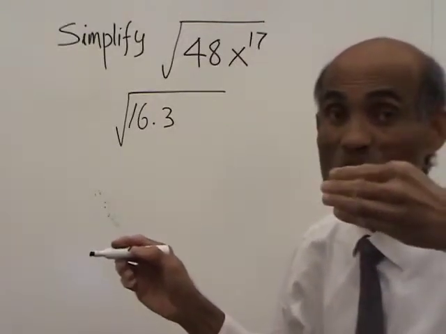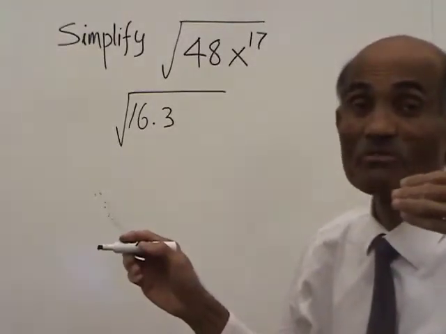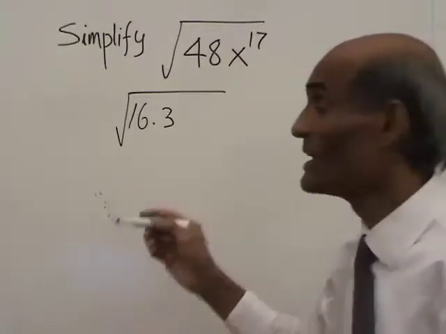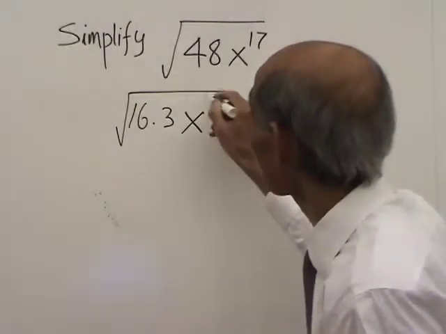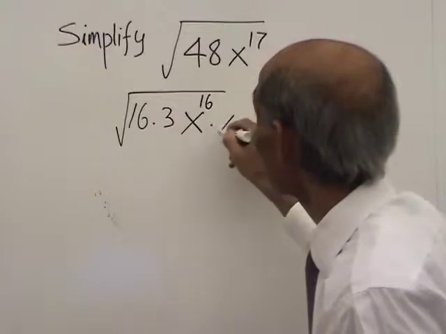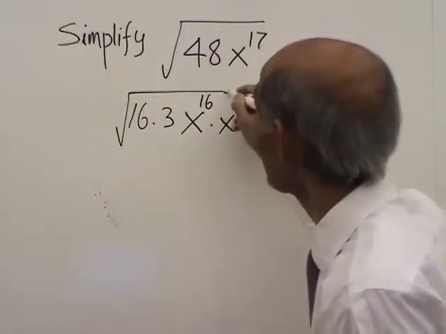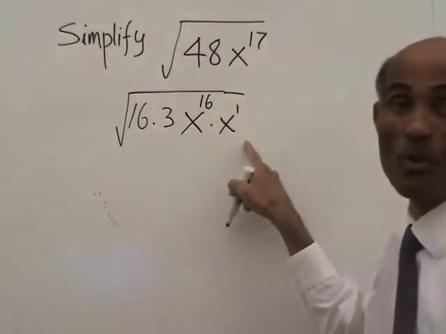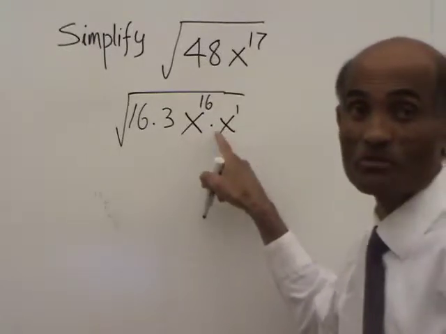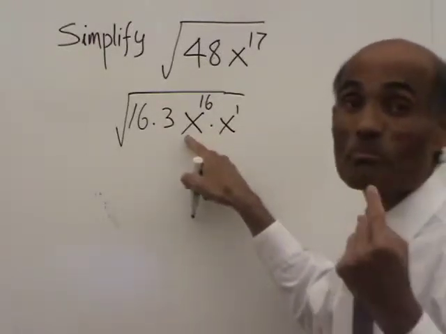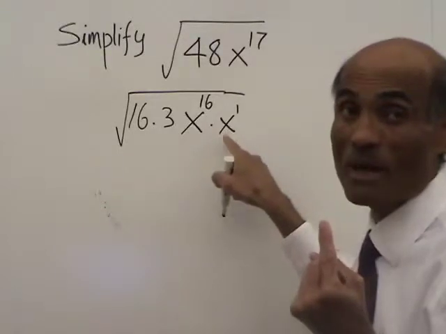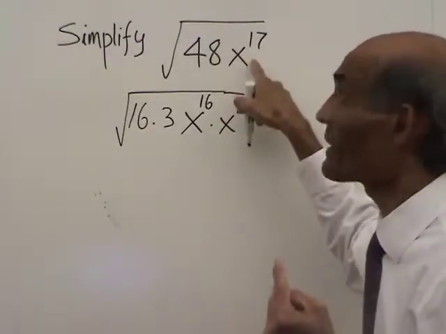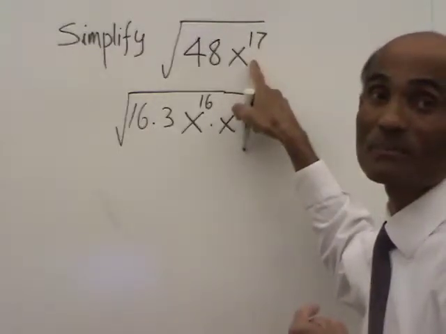Well, the next lower number that can be divided by 2 is 16. So we write x to the power of 17 as x to the power of 16 times x to the power of 1, isn't it? x to the power of 16 is a perfect square, and that multiplied by x to the power of 1 is x to the power of 17.